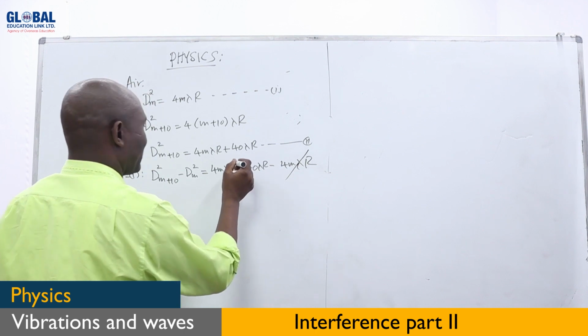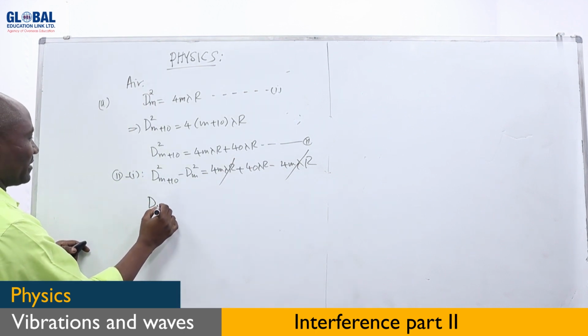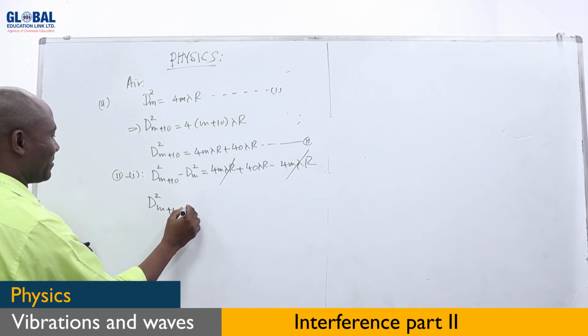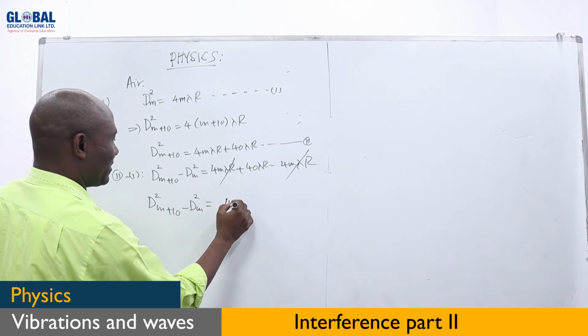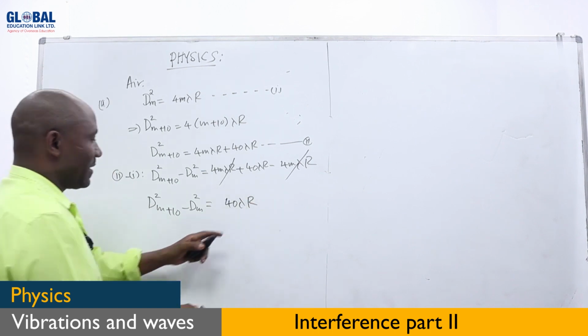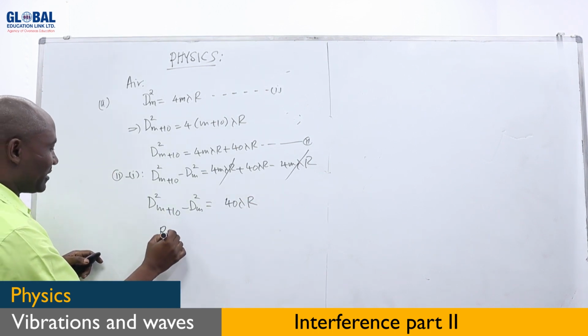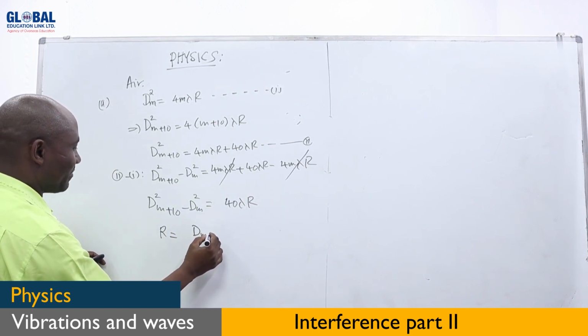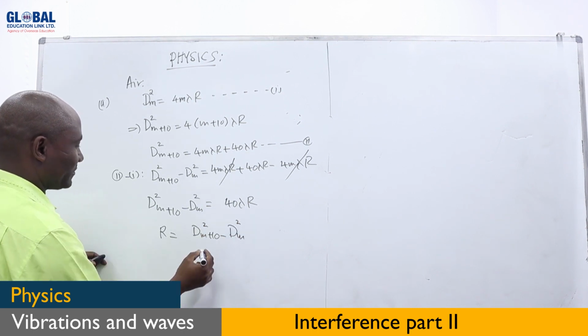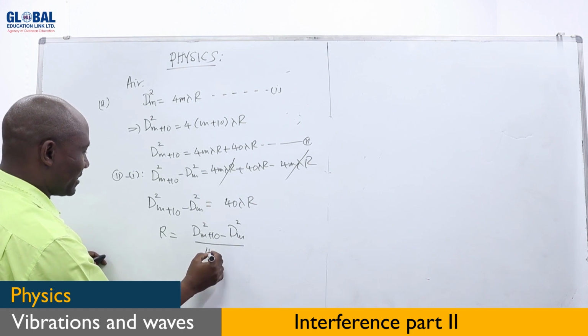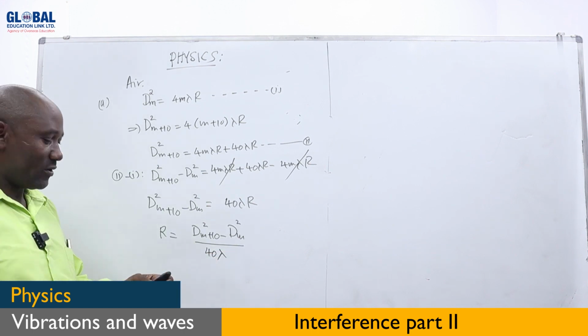These two cancel out. You're left with D(m+10) squared minus D(m) squared equals 40λR. You're supposed to find the radius of curvature R, which is given by D(m+10) squared minus D(m) squared, divided by 40λ.